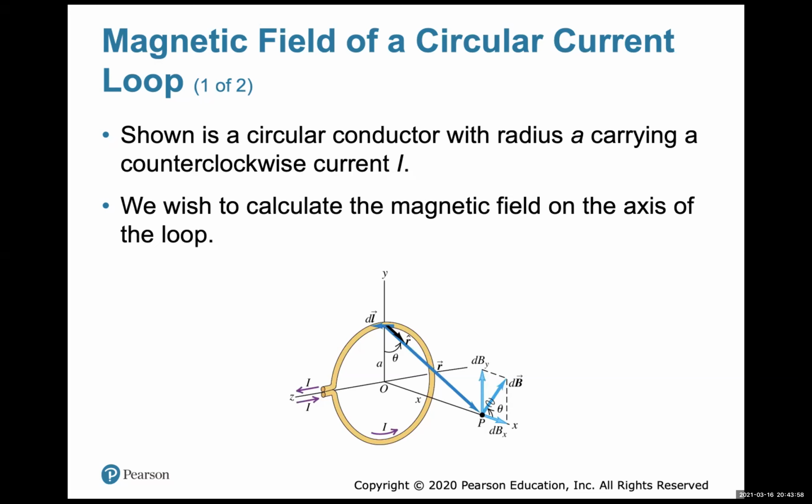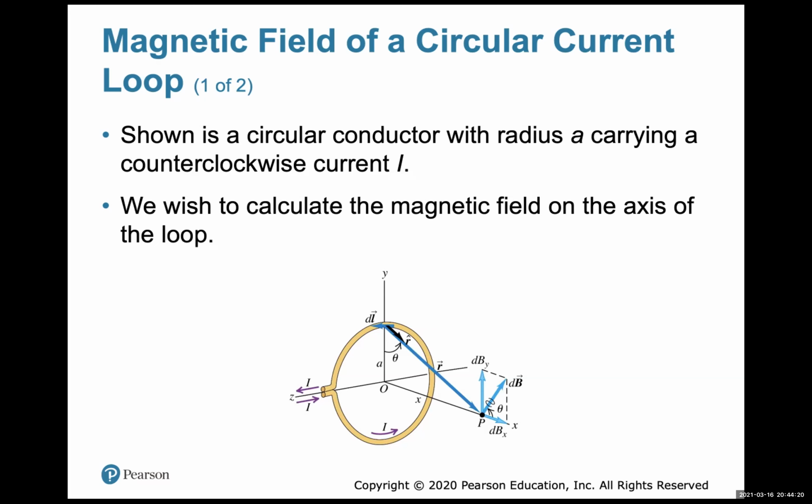We might also be interested in the magnetic field created by a circular loop of current, because we talked about the fact that a circular loop of current has a magnetic dipole moment and responds to an external magnetic field. So this is a question of interest for us.